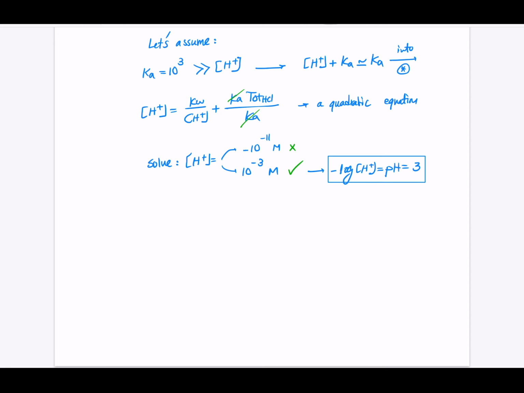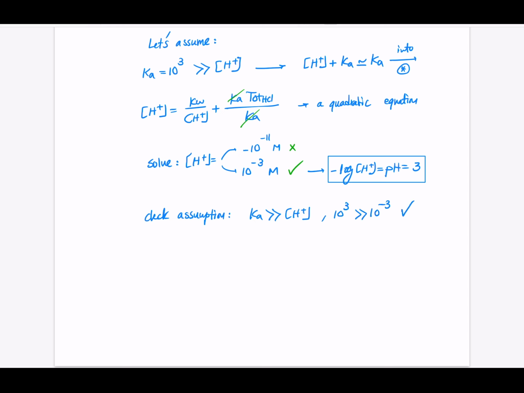Every time you consider an assumption, you have to check it after the calculation. So here we need to check our assumption. We assumed Ka is way bigger than the concentration of H plus. And when we look at the values, 10 to the power of 3 is way bigger than 10 to the minus 3.